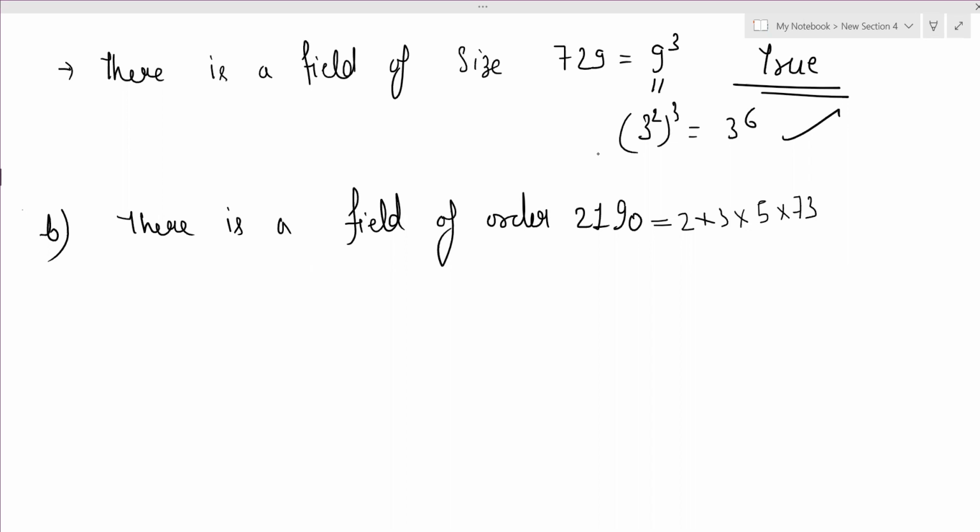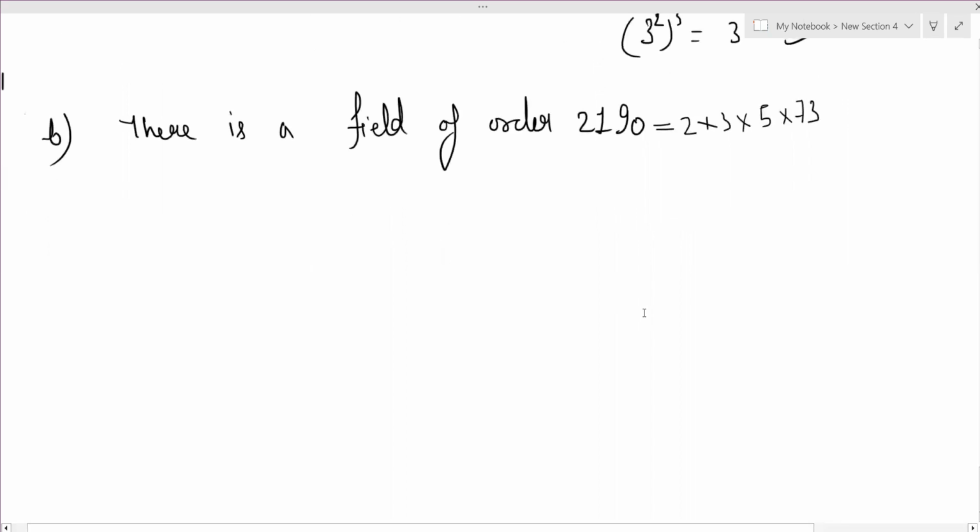Because 2 and 3 are both factors, you cannot have a prime power. I was just wondering whether 73 is prime; yes, it is. So this is the prime factorization, but it is not of the form p to the power n.